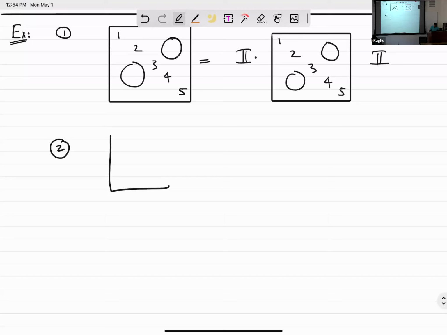How about this? Let's say I have 1, 0, minus 2. Almost like the previous one, but now I have minus 2. What would be its singular value decomposition? I can't use the same thing I did for example 1 because sigma has to have non-negative entries.